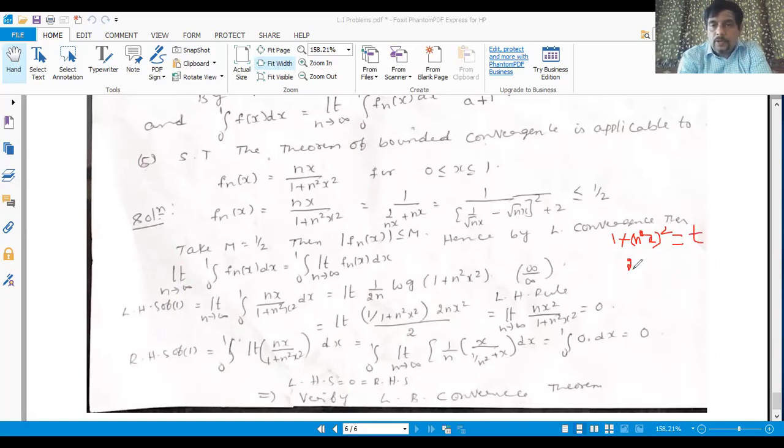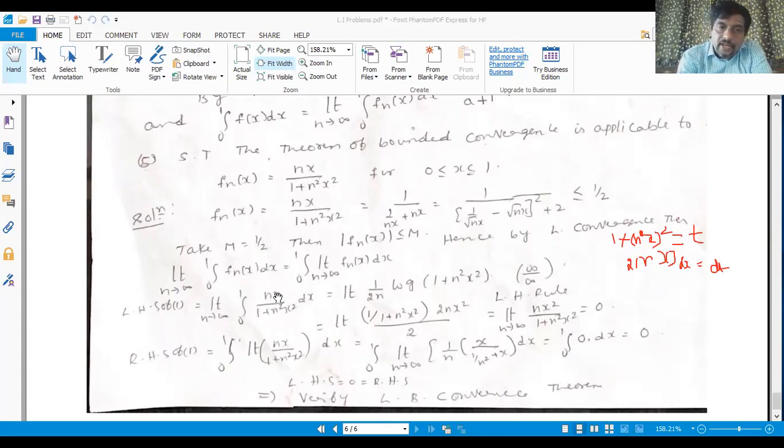It becomes 2 times nt, nx into 1 into dx is equal to dt. Is it correct? You studied this in your PU class itself. Here, then this becomes 1 by t.